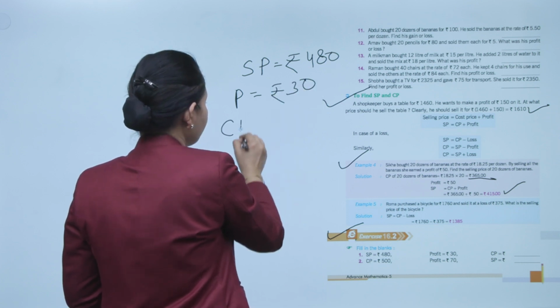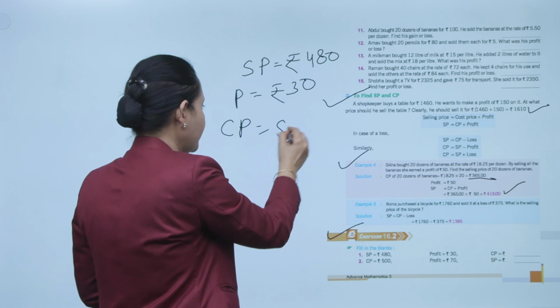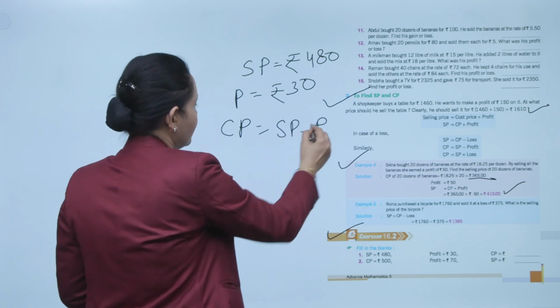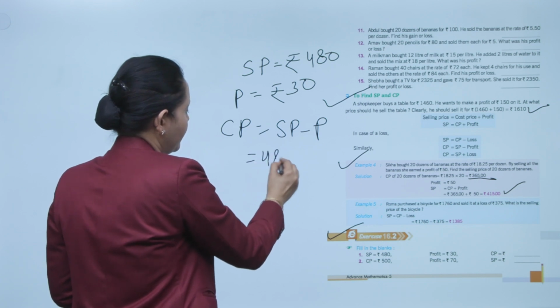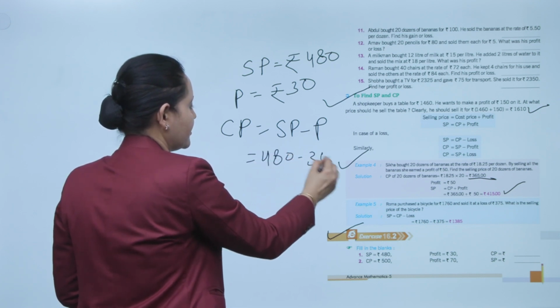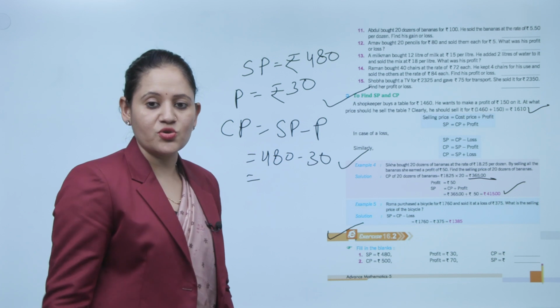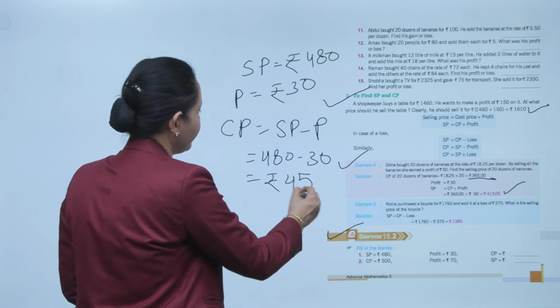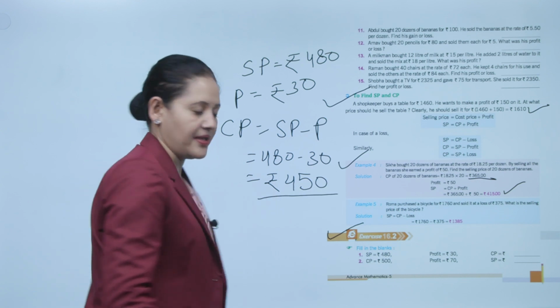So CP equals SP minus profit. So 480 minus 30, that is equal to rupees 450. That is the CP. Clear?